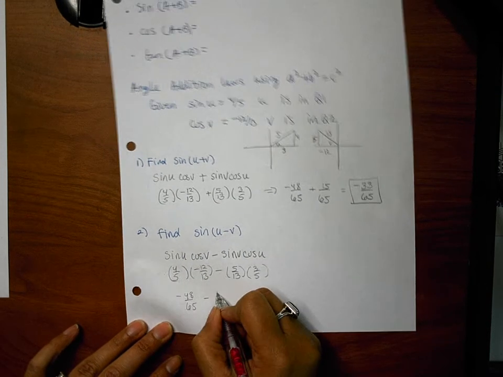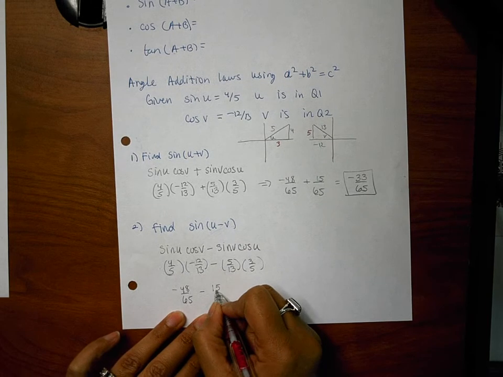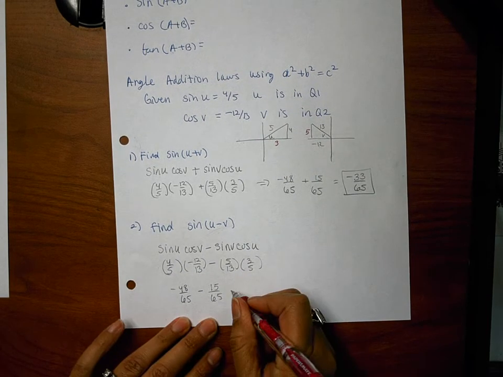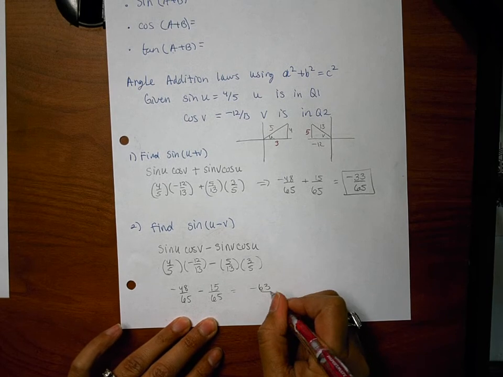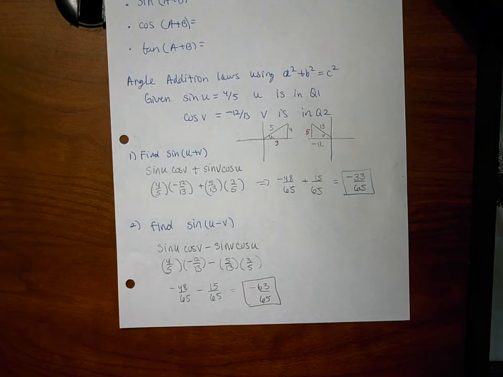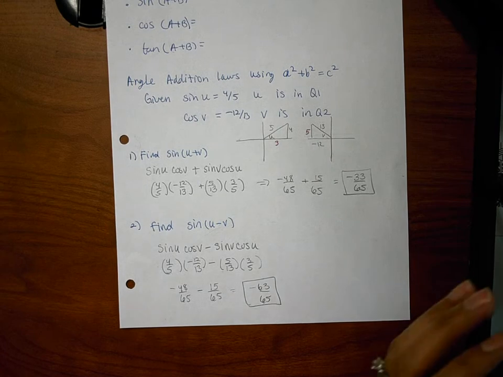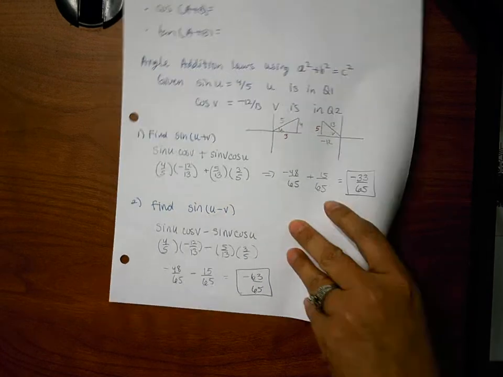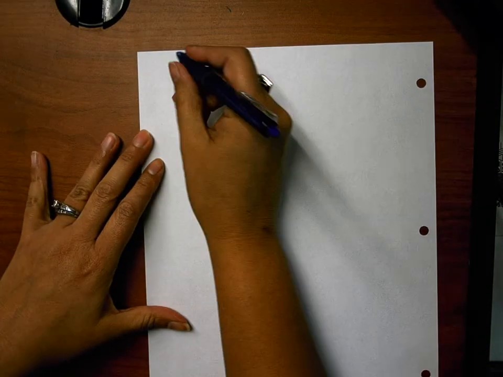Again, which is the same as what we ended up with here, except now it's negative 48 over 65 minus 15 over 65, which comes out to be negative 63 over 65. All right, and that's the kind of stuff you're going to be working with the angle addition laws.